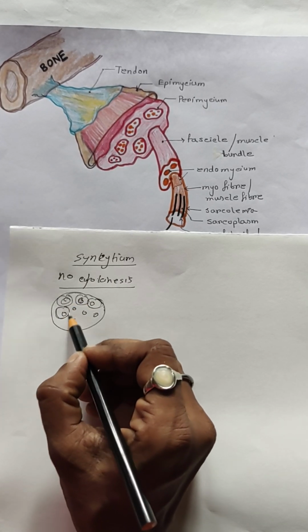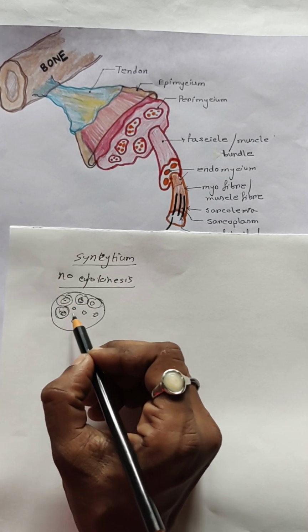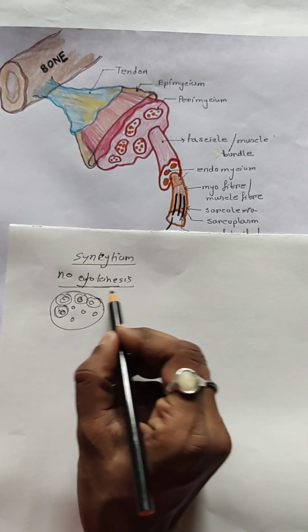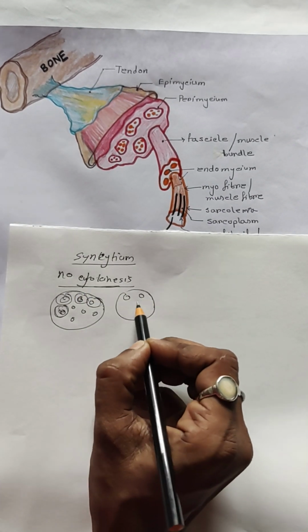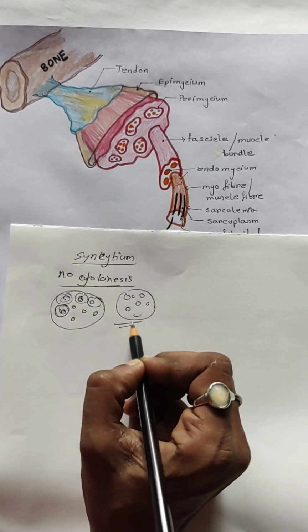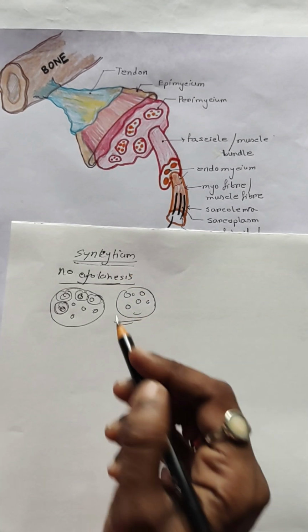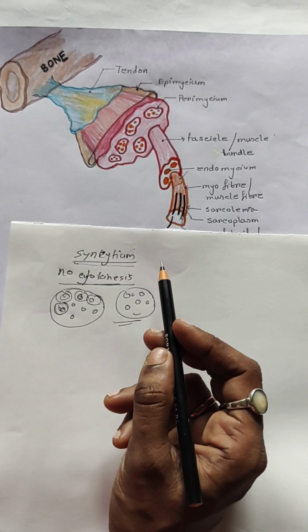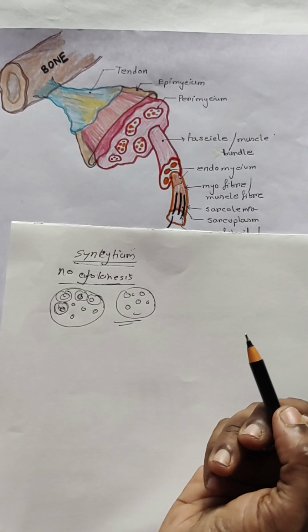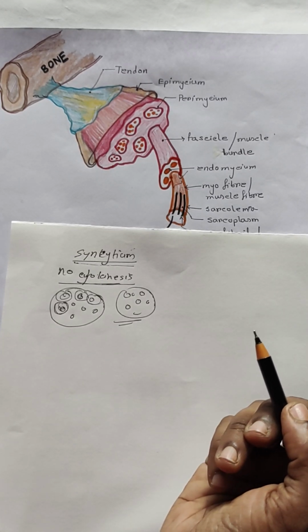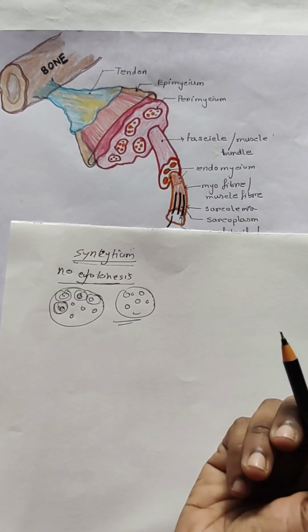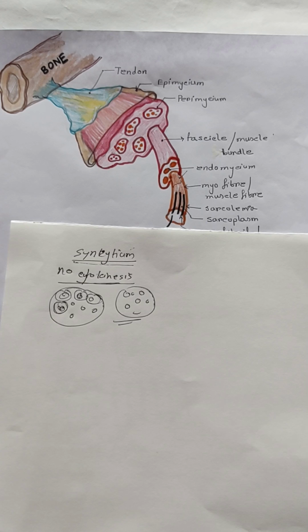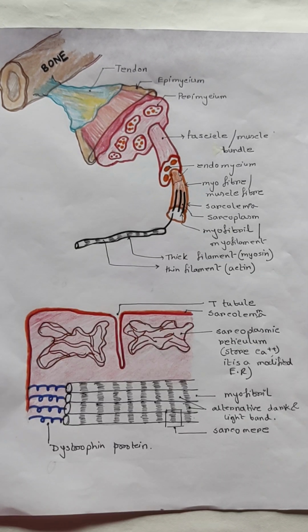But if cytokinesis does not occur, then a cell contains many nuclei. That condition is called the syncytium. And we can see this type of structure in the muscle cells, the syncytial structure. That means muscle cells have numerous nuclei within the sarcoplasm.